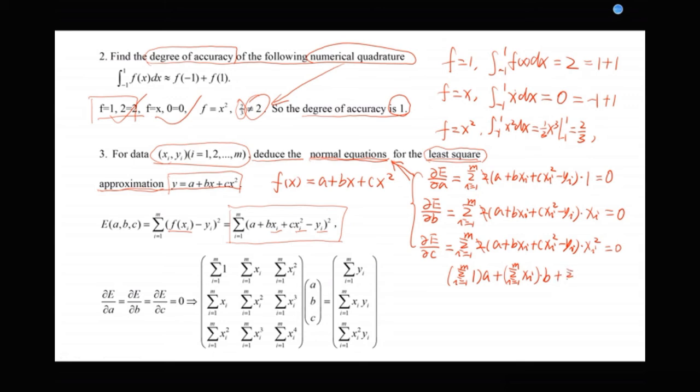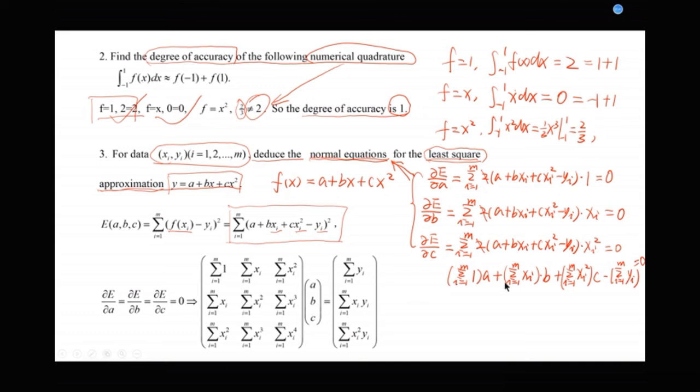Plus sigma i from 1 to m xi squared, multiplied by c. And minus the summation of yi, equal to 0. This equation equals 0.